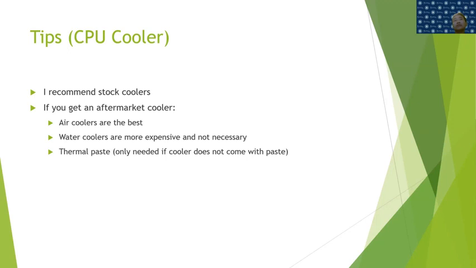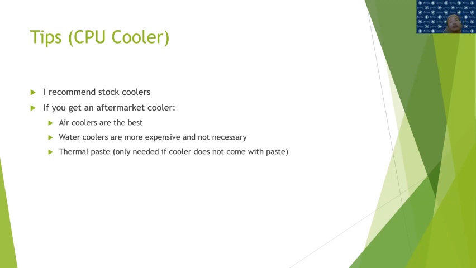The reasoning for this is that as an average user, you're not going to need the extra cooling capacity or quieter fans that an aftermarket cooler can offer. Because while aftermarket coolers do offer more cooling capacity, the stock cooler still does its job very well. And as long as you're not intentionally making it harder on it, your CPU will be able to stay cool even with the stock cooler.